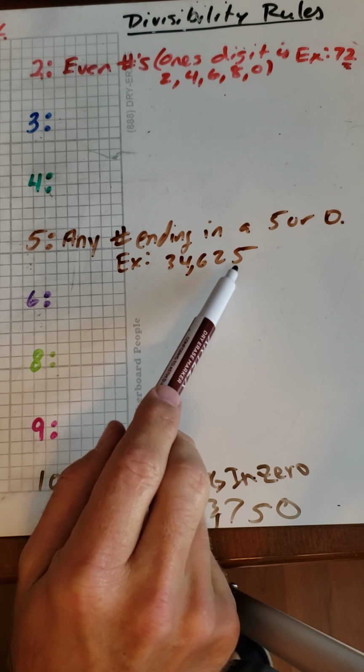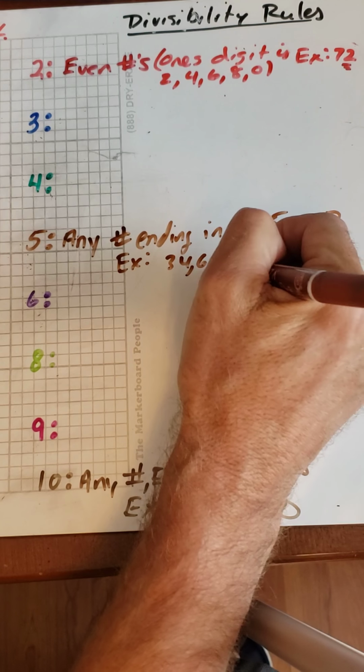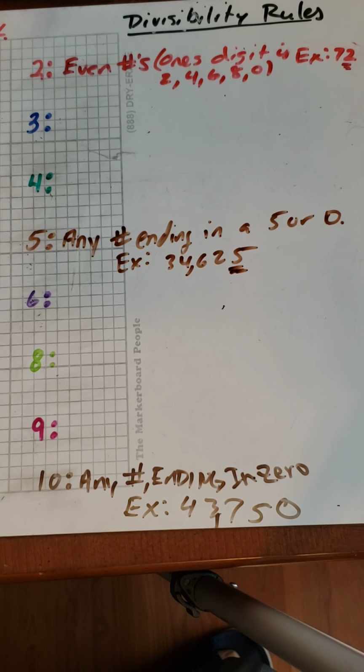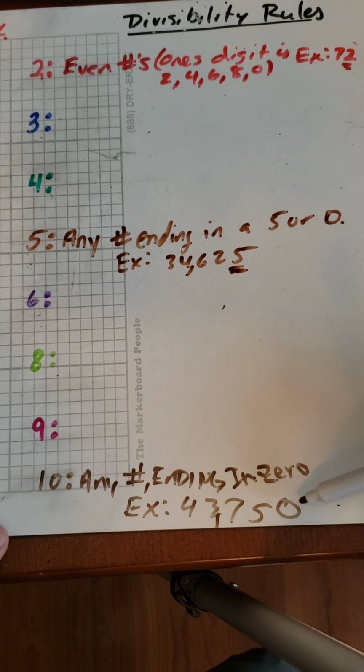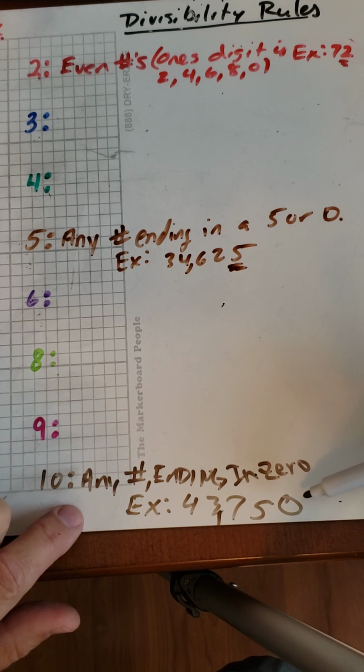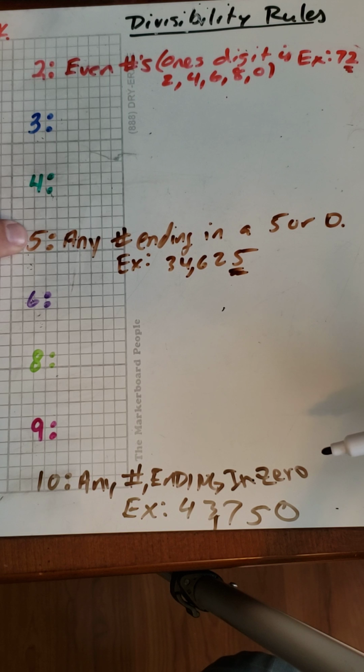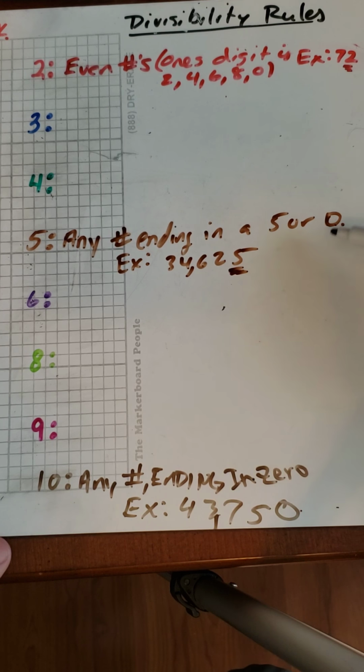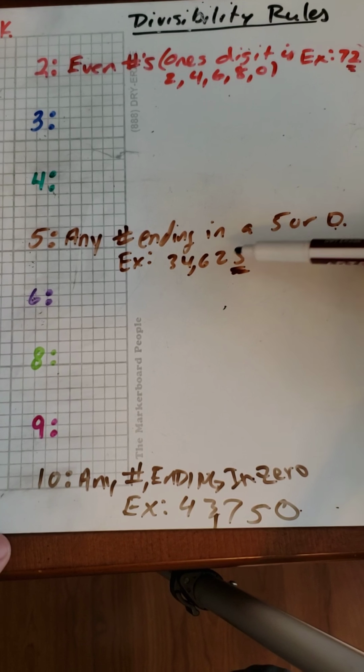34,625 is divisible by 5 because it ends in a 5. So this is the key thing. What I also notice here is that 43,750 is divisible by 10. It's also going to be divisible by 5 because it ends in a 0, and any number that ends in a 0 is also divisible by 5.